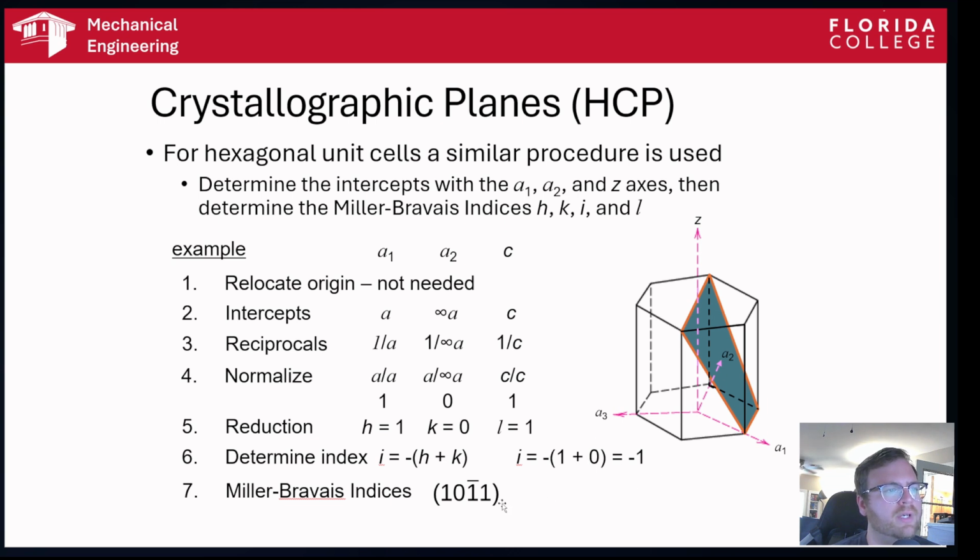That negative 1 comes in right between k and l, right here. I'm sorry, that's not the height of the unit cell. That's just this first value. It's H, K, I, and L. So I goes right here in the middle. See that? There we go.